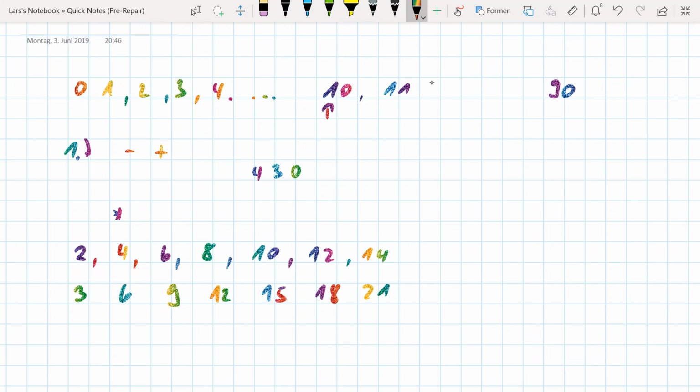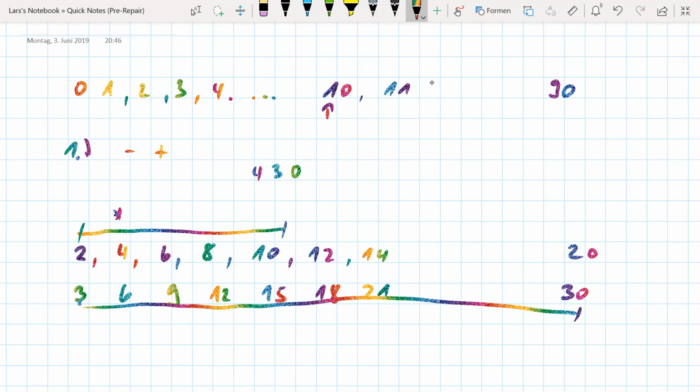So for example 10 times 2, you learn until 20, and then you're going to see patterns. For example, in the row of 2 there is a pattern after 5 numbers, and in row 3 there's a pattern only after 10 numbers.